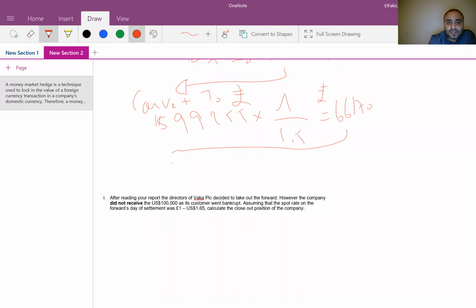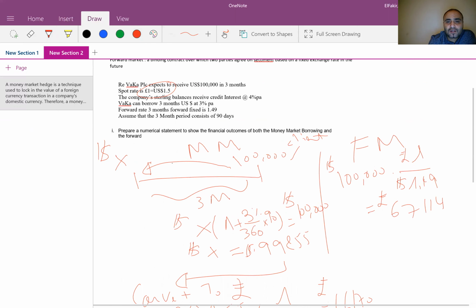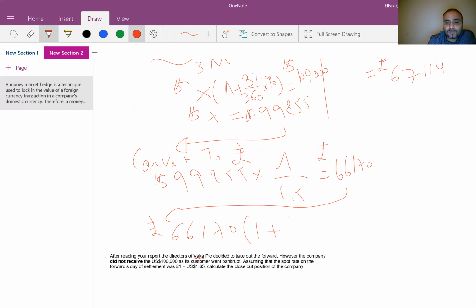How about if we take the same value, 66,170, and invest it in a UK bank at the rate which is given in here at 4% per annum. So 4% divided by 365 times the 90 days, and that should give us a value of 66,823 pounds.